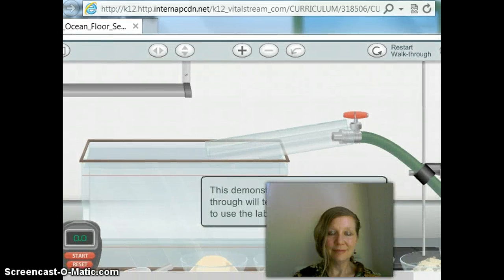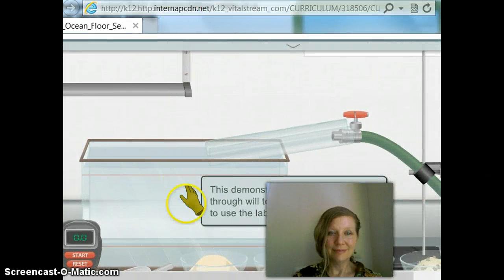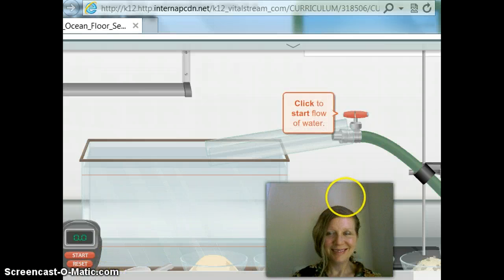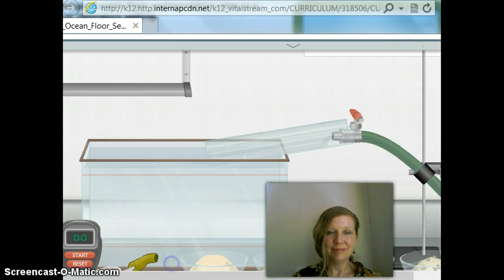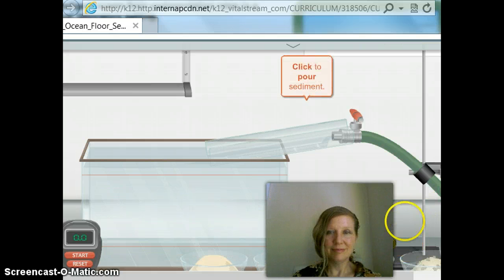Demonstration walkthrough will teach you how to use the lab activity. Click the nozzle on the hose to start the flow of water. Click to pick up the scoop. Click to scoop coarse sediment. Click to pour the sediment into the cylinder.